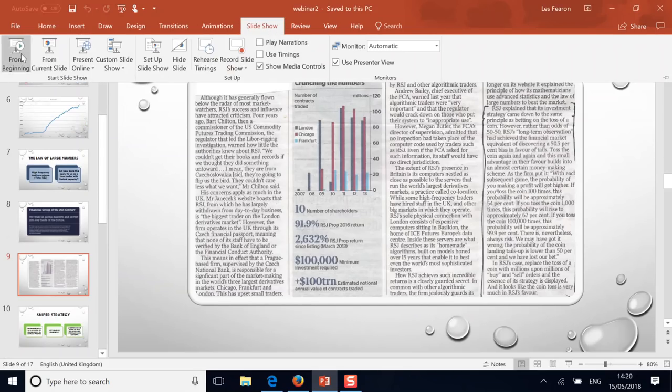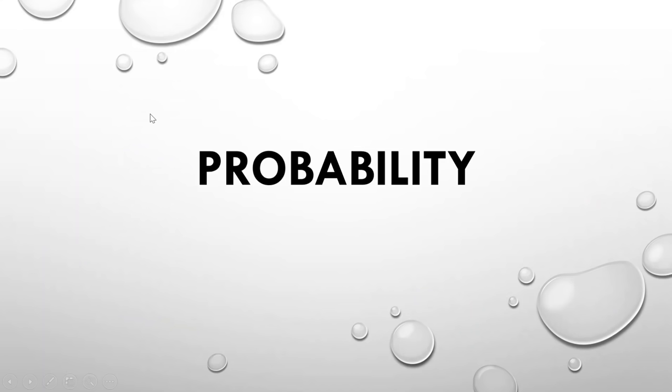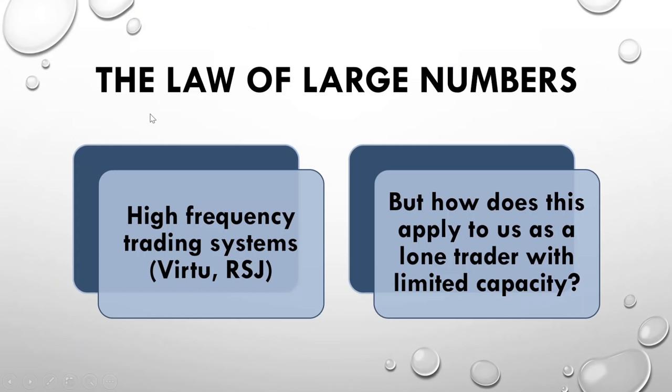But the problem that I had, and this is a problem that you're probably thinking, is how does that apply to us as a lone trader? Because as a lone trader, you have limited capacity. There's no way that you yourself can trade 1,000,000 times a day. We can't trade 1,000 times a day. We can't trade 100 times a day, and some of us will struggle even to trade 10 times a day.